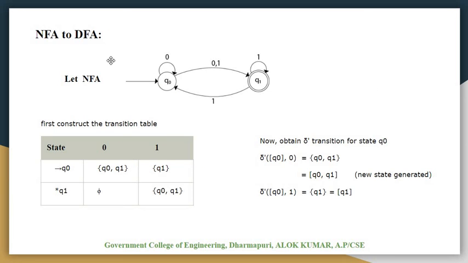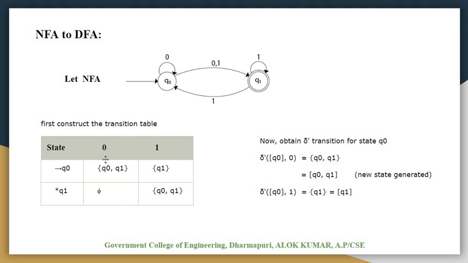Now we will see how to convert NFA to DFA. Suppose we take this example. Firstly, we construct a transition table. From the initial state Q0 using 0 we go to Q0 and Q1, as mentioned.